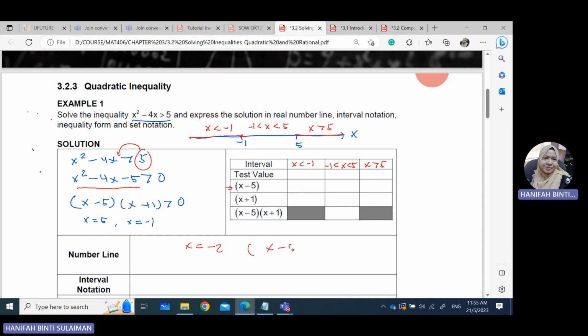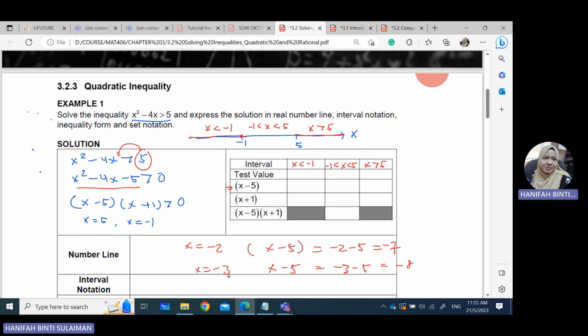So here we have x minus 5, which is negative 2 minus 5, so negative 7. Kalau x kecil daripada negative 2, katakan negative 3, x minus 5 is negative 3 minus 5, then here we have negative 8. Betul?